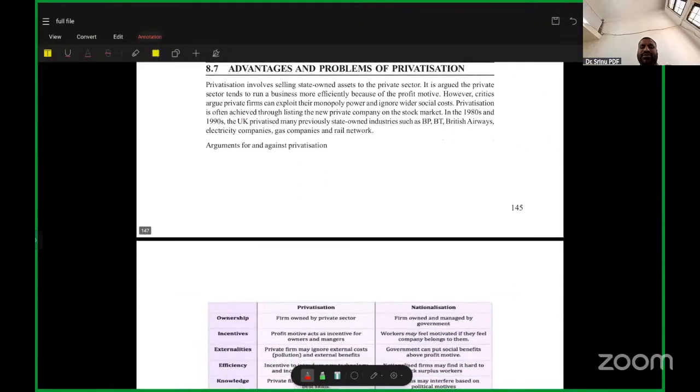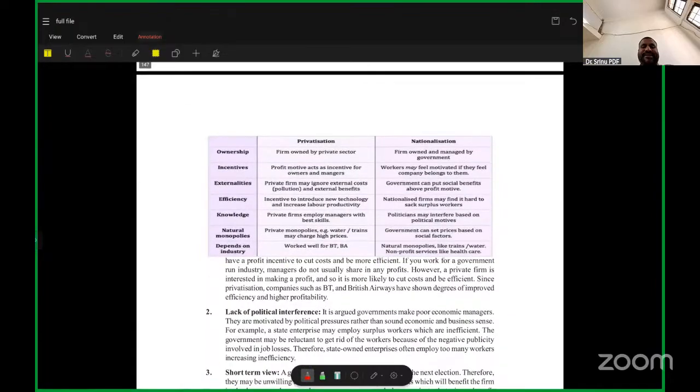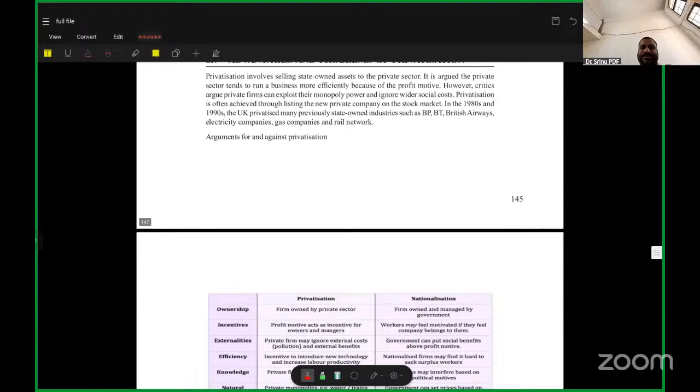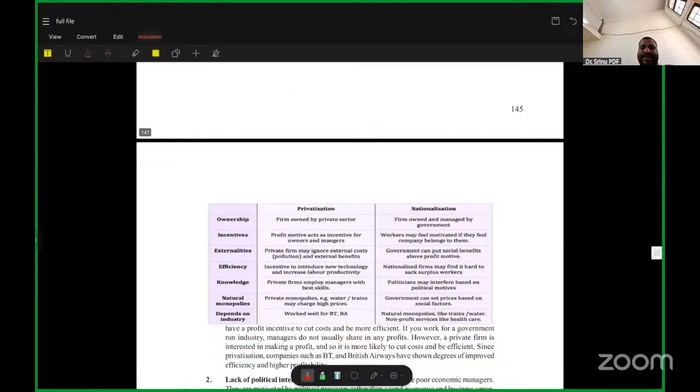Advantages and problems of privatization.